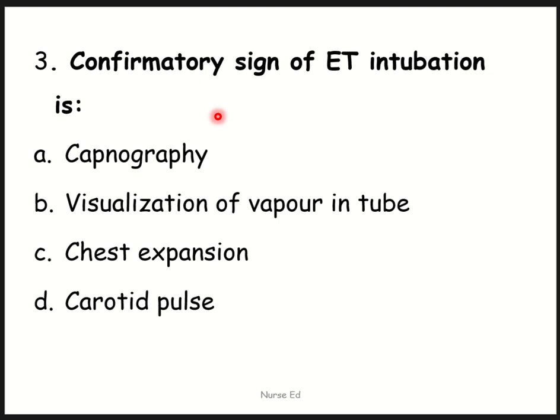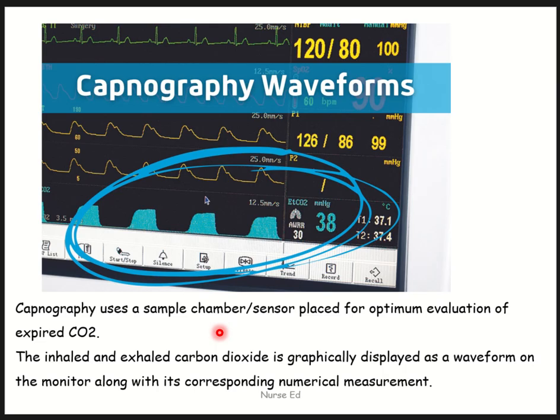The confirmatory sign of endotracheal tube intubation is: capnography, visualization of vapor in the ET tube, chest expansion, carotid pulse. Guess what? What is considered to be the confirmatory sign? Exactly, it's capnography. So what do you mean by capnography?